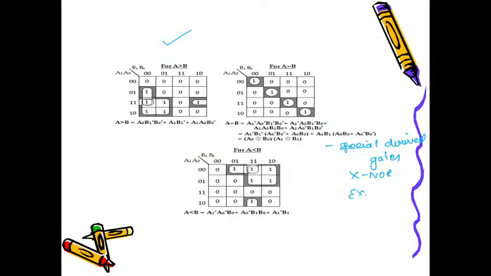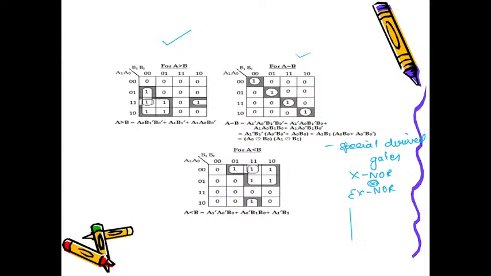XNOR. You can write it like this or like this. So this whole expression, that is A equal to B, could be implemented this way. To identify when any two input bits are equal, it could be done with the XNOR.